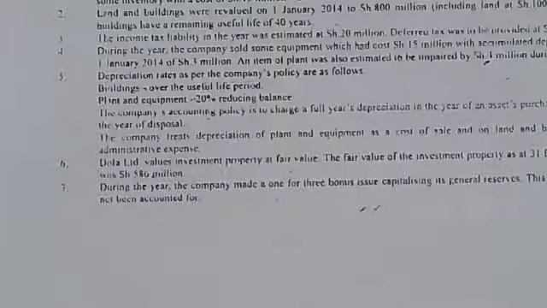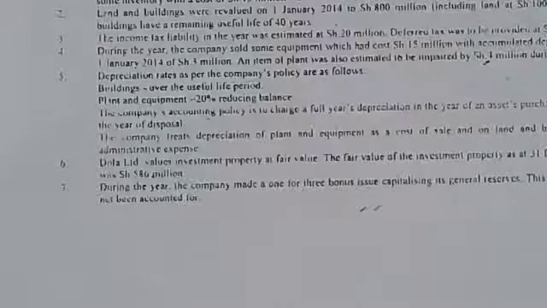The company treats depreciation of plant and equipment as a cost of sale and land and building as admin expenses. Dollar Limited values investment property at fair value. The fair value of investment property as at 31st December 2014 was 586 million.